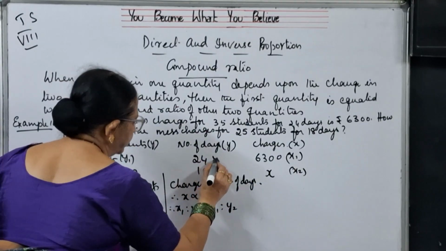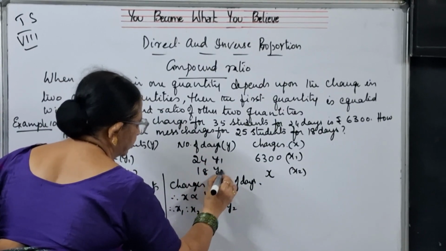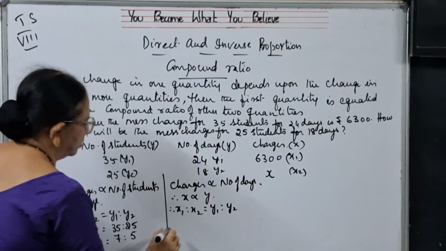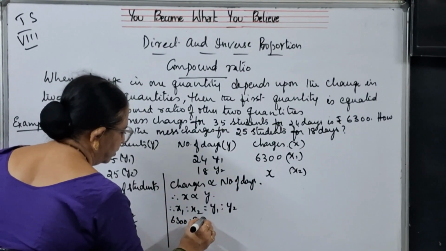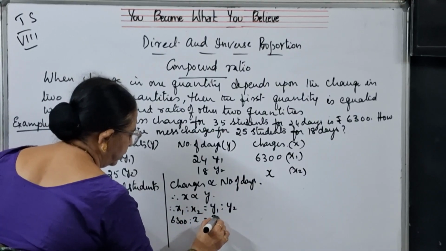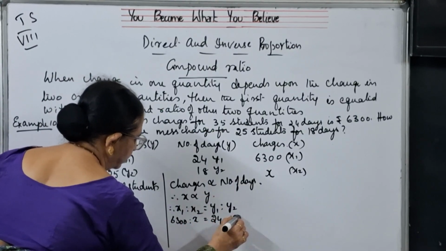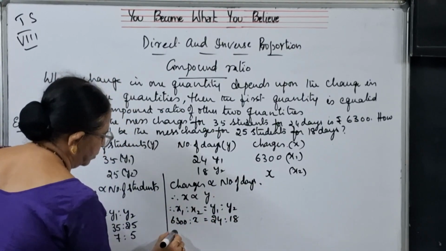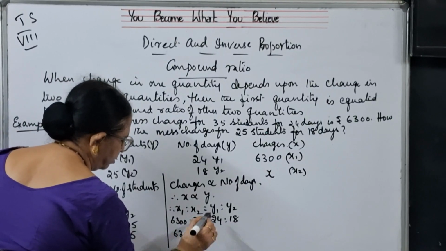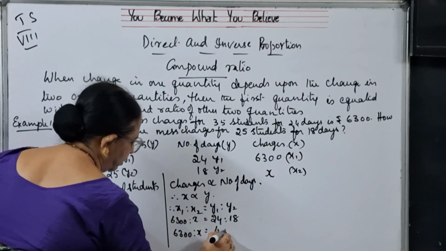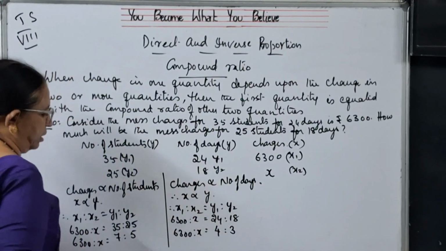So now this becomes y1 and this becomes y2. So 6300 is to x is equal to 24 is to 18. This can be simplified. So let us see. 6300 is to x is equal to 6 4s are 24, 6 3s are 18, so 4 is to 3.